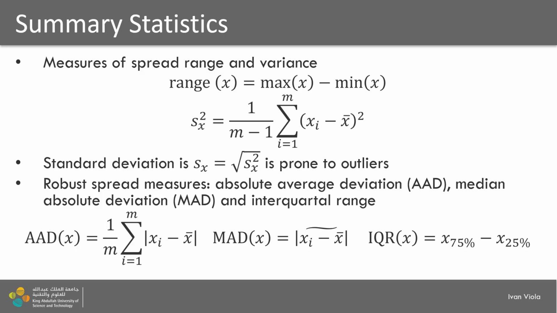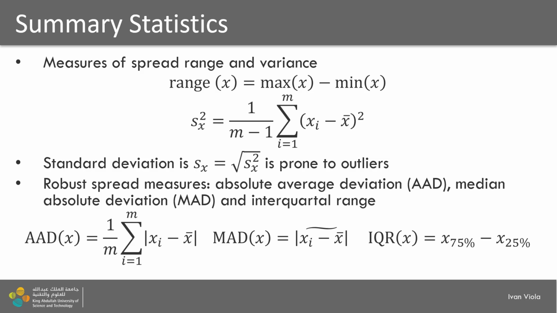Now, the next summary statistic we would like to talk about is defining the spread. While we have the location of a typical value, let's say the median or the mean, the average value, another statistic tells us where the other values are with respect to this average.